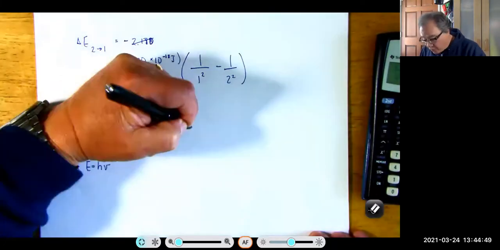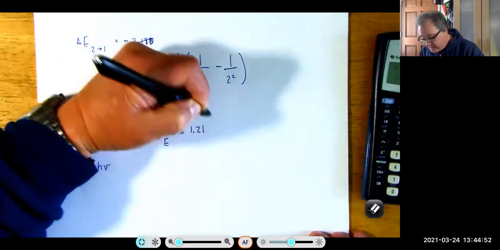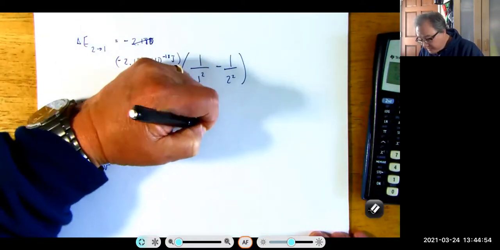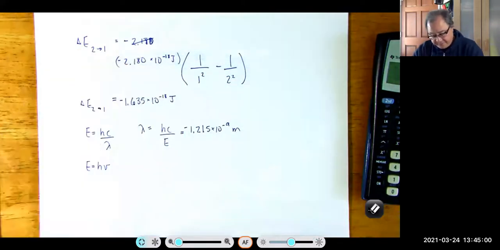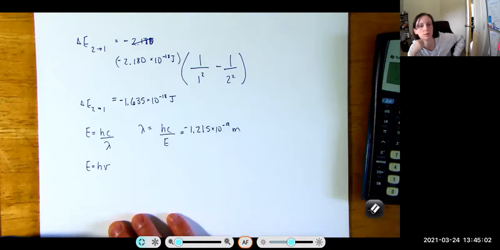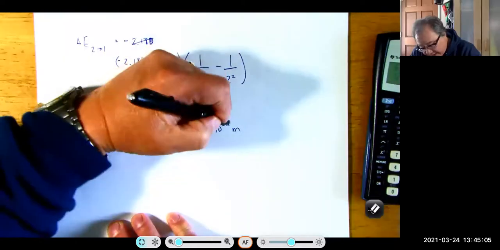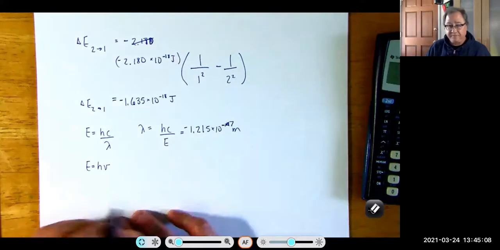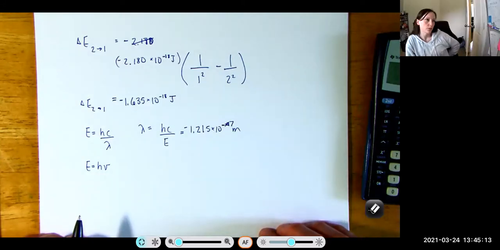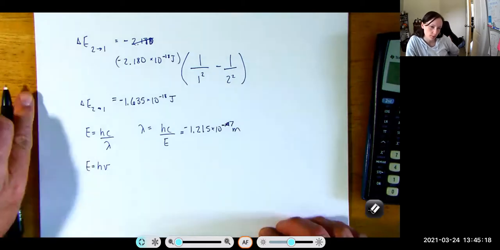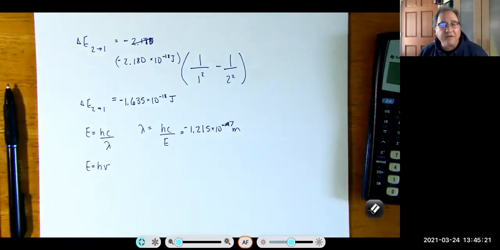And so we get 1.215 times 10 to the minus 7, and that's going to be meters. So this is the wavelength of an electron going from n=2 to n=1. It's the wavelength of light emitted when an electron goes from n equal 2 to n equal 1.